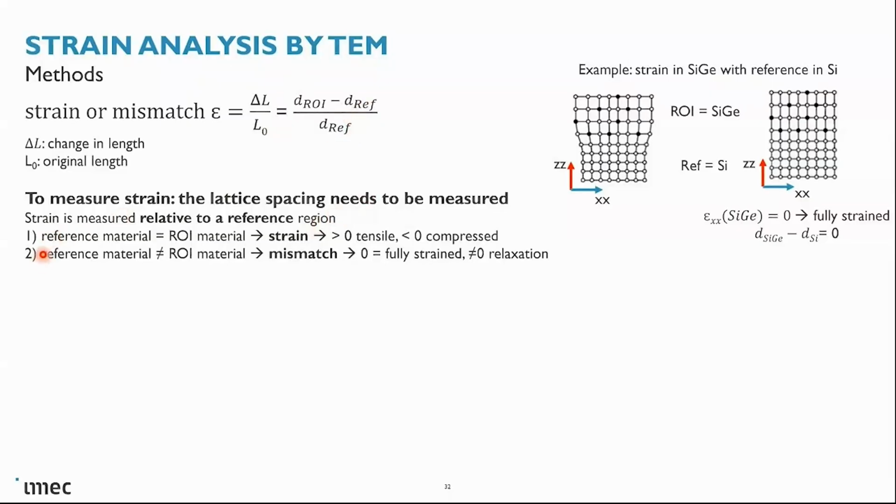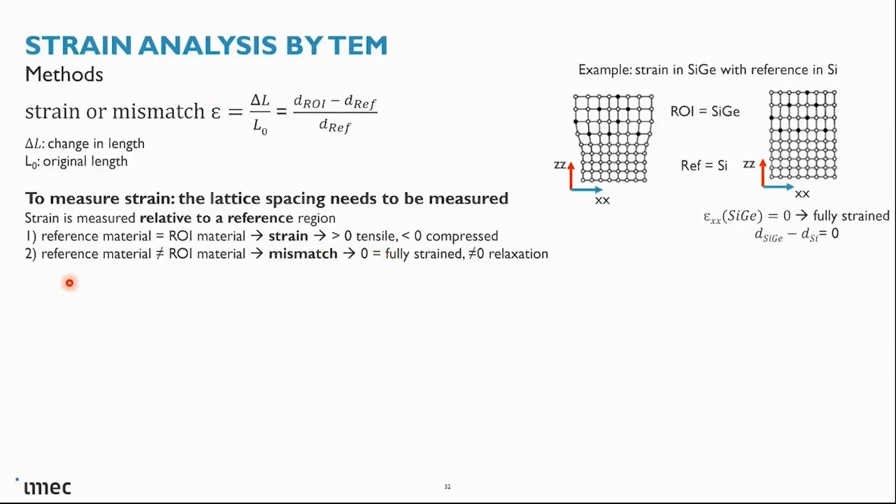In the first case, if the reference region is the same material as our region of interest, for example, a strained silicon channel over a silicon substrate, then we can speak about mechanical strain, and this is tensile if it's positive, compressed if it's less than 0.